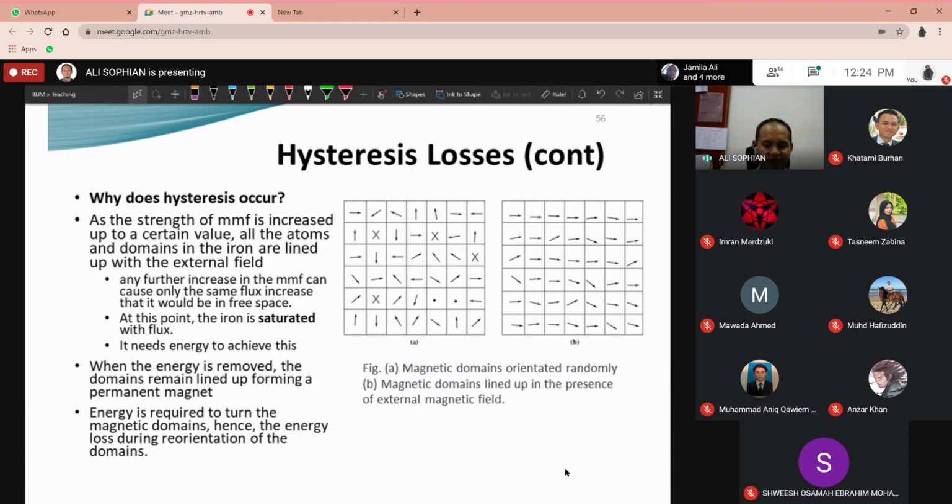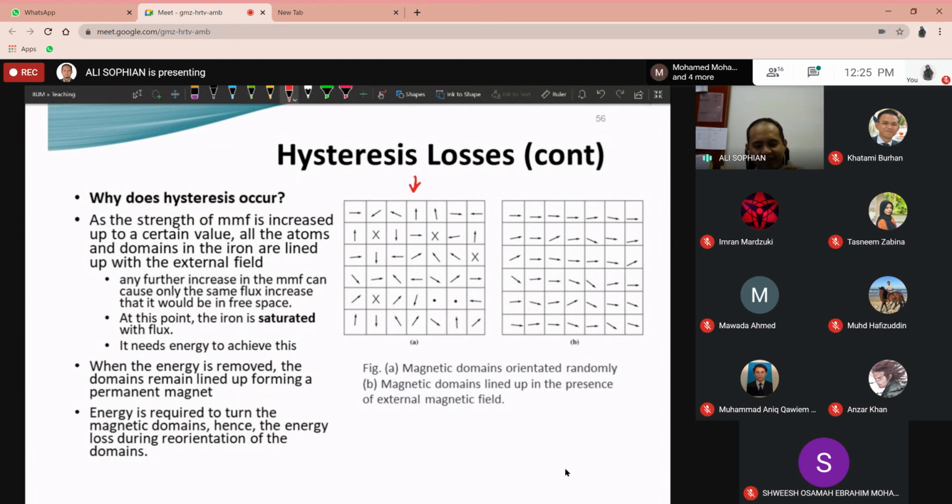If we don't apply any magnetic field, the magnetic domains are oriented, or pointing, in different directions randomly. Because they point randomly, and these are all vectors, the net magnetic field is zero, or at least close to zero.